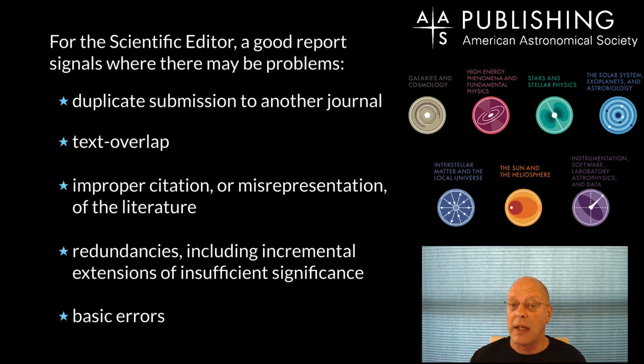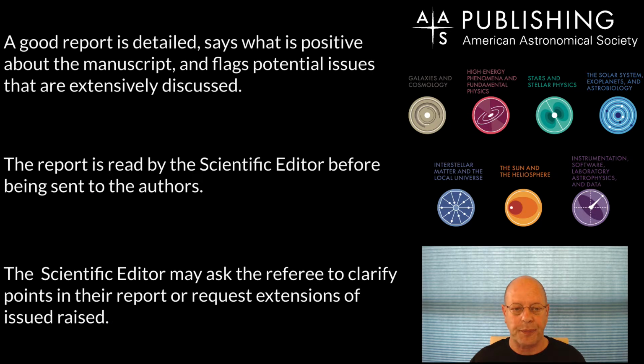Redundancies, including just incremental extensions of not necessarily sufficient significance, right? We want significant new works. We'll cover that a little later, not incremental small changes. And then just basic errors, math errors, reduction of data errors, etc.